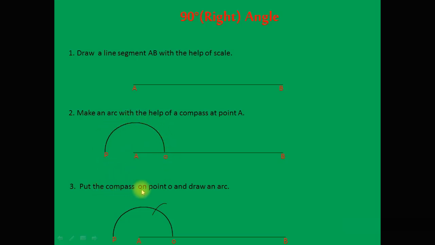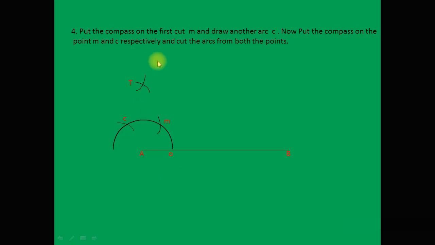Now put the compass on point O and draw another arc, and then put the compass at this arc and draw another arc named C. The first arc name is M and the second arc name is now C.